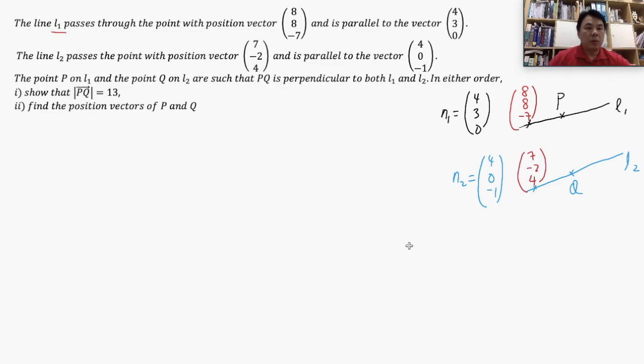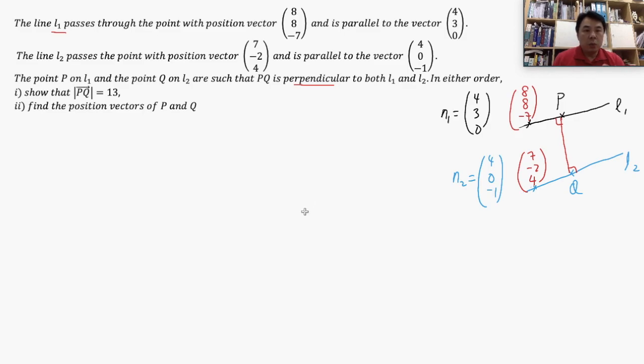So these are points on the lines. And then PQ is at 90 degrees, so PQ is perpendicular to both lines L1 and L2, as indicated by the question. So that is what we have.